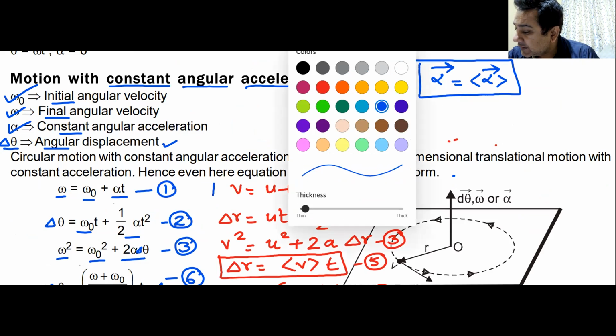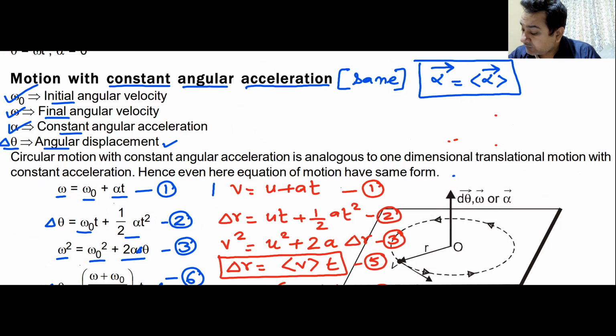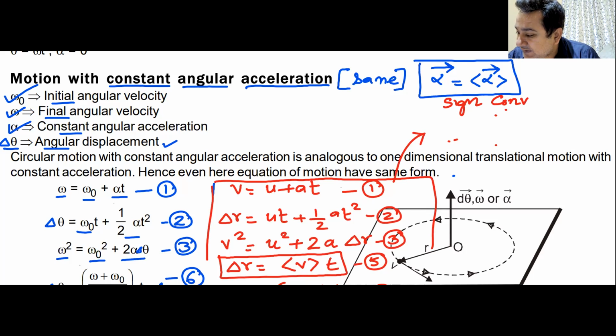Oops, my red pen is not here. Now, how do I incorporate the vector sign here? To incorporate the vector sign here, I have a sign convention. So I will write everything with plus and minus. Yes, Neha, that is exactly what I was about to say. I will incorporate sign convention.